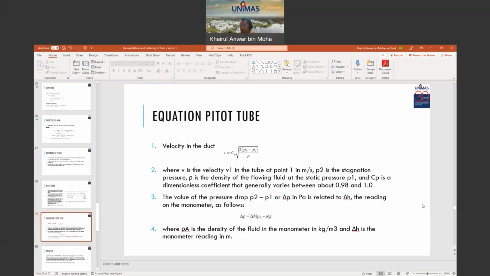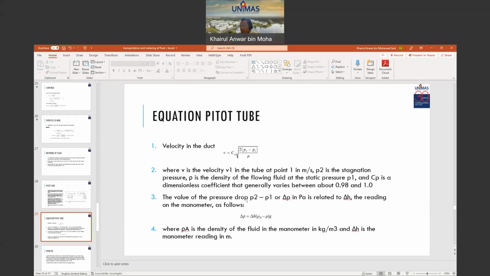Equation in the tube. The velocity in the duct is V equal to Cp times the square root of 2 times (P2 minus P1) over rho, where V is the velocity V1 in the tube at point 1. P2 is the stagnation pressure, rho is the density of the flowing fluid at the static pressure P1. Cp is a dimensionless coefficient that varies between 0.98 and 1.